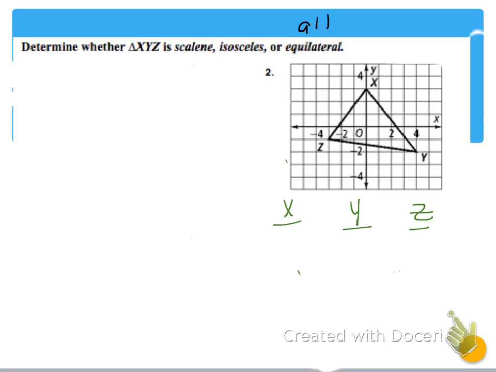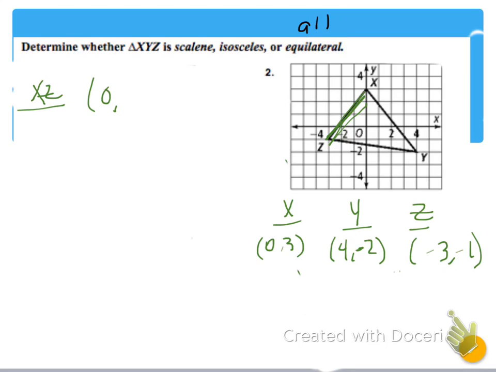So first I need to find my points. X is going to be 0, 3. Y is going to be 4, negative 2. And Z is going to be negative 3, negative 1. So I have to find the distance. Let's take the distance of XZ first. My point X is 0, 3, and Z is negative 3, negative 1. So I have x1, y1, x2, y2.